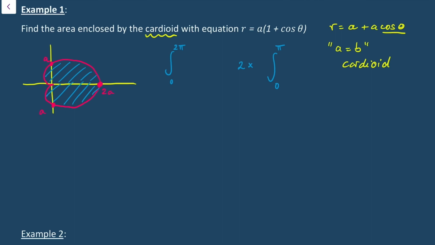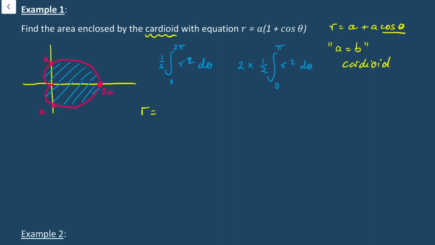Both of them will give me the same answer. Remember that my formula says it's a half times r squared d theta, and so in each case I will need r squared. So that's the first thing I'm going to do: find r squared.